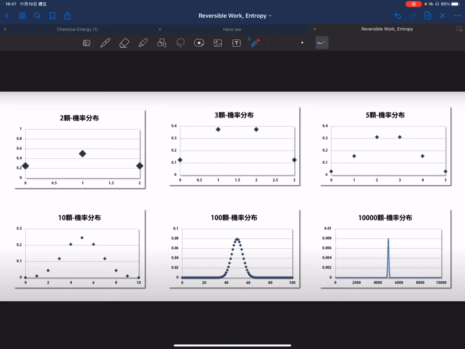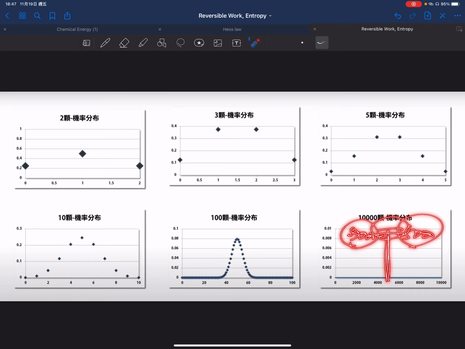As the number of balls becomes more and more, the experiment will be more precise. Is that clear? So when we have 10,000 balls, the distribution will be very clear that it will tend to have 5,000 over here and 5,000 over here.